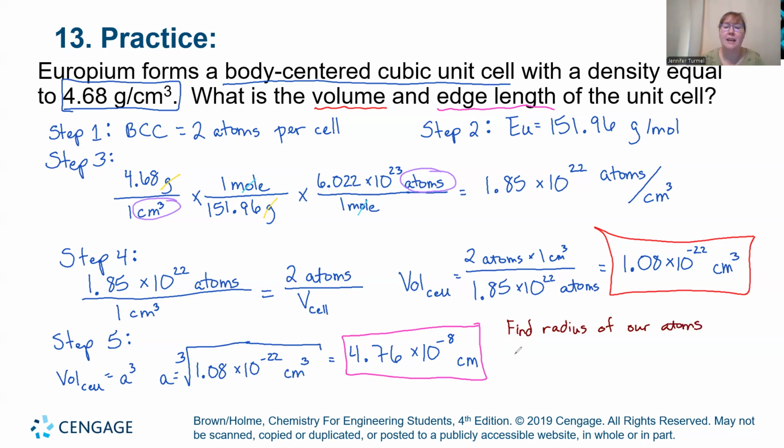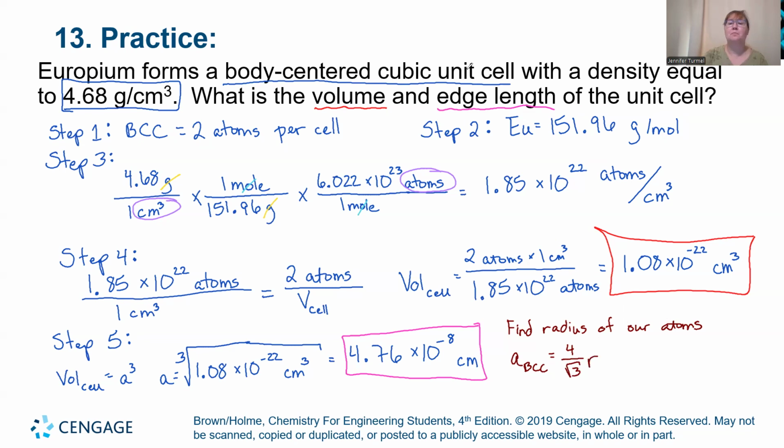And we would do that by saying the A value for a body-centered cubic, remember, is equal to 4/3 R. Wait, is it? Hang on. I'm going back and looking at it. No, it's 4 over the square root of 3 times R.